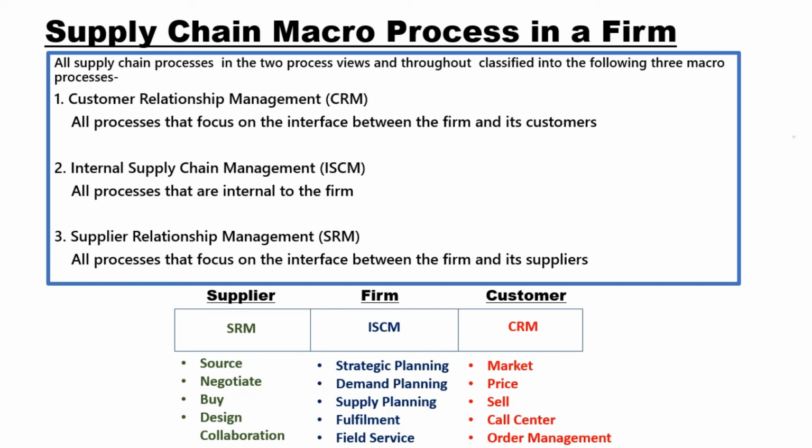In the firm, ISCM: strategic planning, demand planning, supply planning, fulfillment, field service. In CRM: market, price, sell, call center, order management. So these processes fulfill the macro processes of a firm on the basis of supply chain.